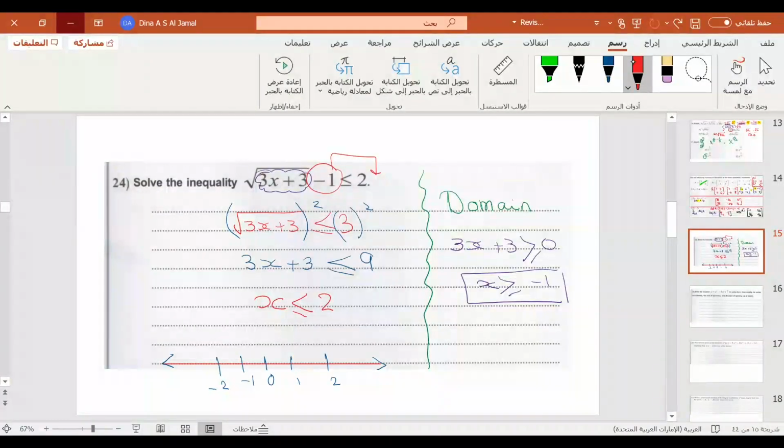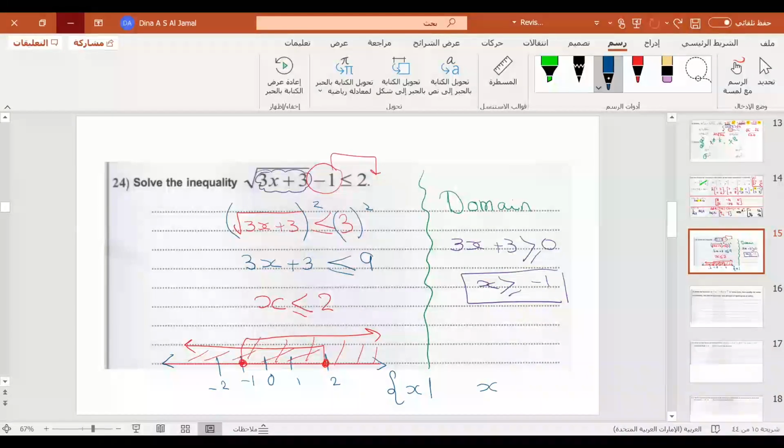So close circle for both of them, -1 and 2. Let's see. Here I will be shading this side, and there you will be shading the other side. And the solution will be the intersection of both of them. So your x will be bigger than or equal -1, less than or equal to 2.